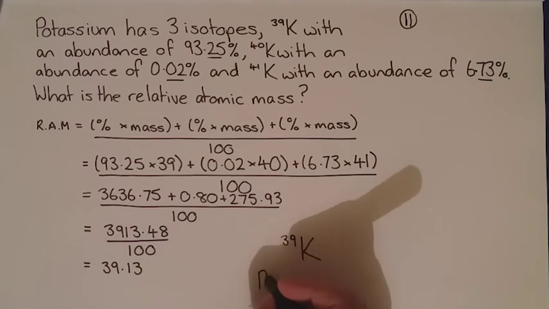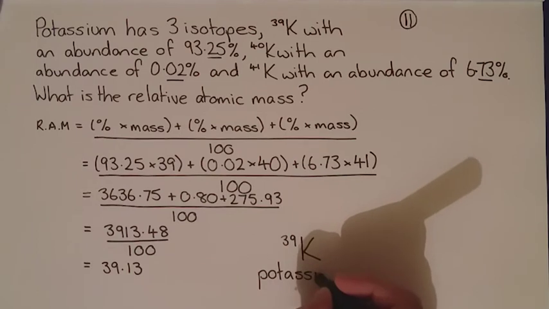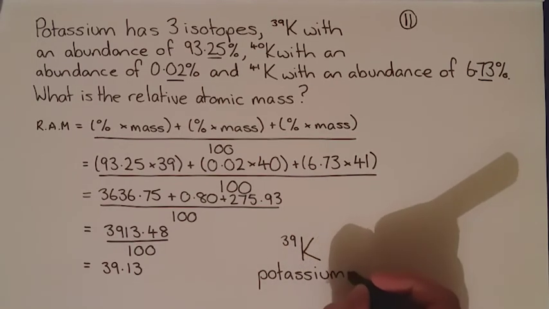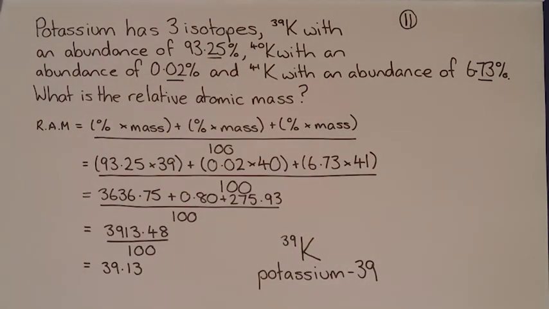It is, however, just as common to see the name of the element written in words with a hyphen followed by the mass. So you need to make sure that you're prepared to do either of those questions.